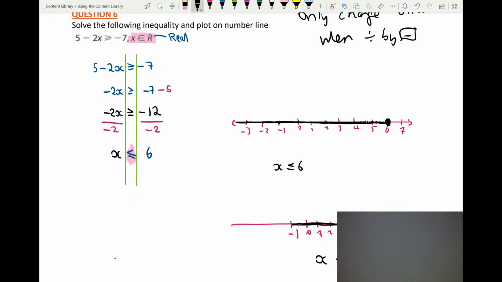It goes up to 6, but not including 6. So rather than drawing a solid dot at 6, we draw an open circle at 6. So if it's less than or equal, you draw a solid dot, and if it's just less than, you do an open circle. So that's just a quick bit of revision on inequalities.